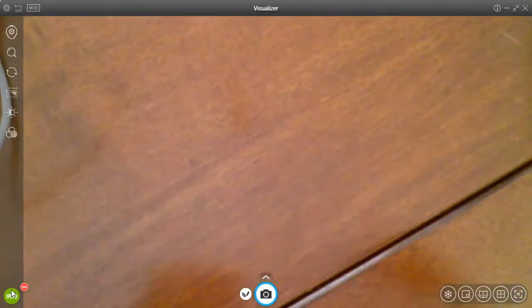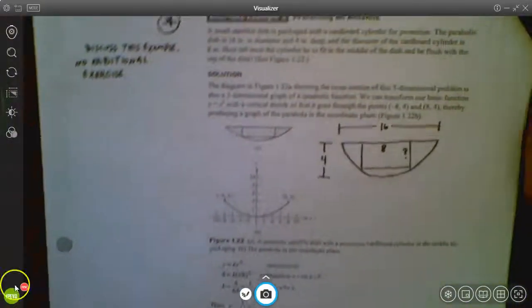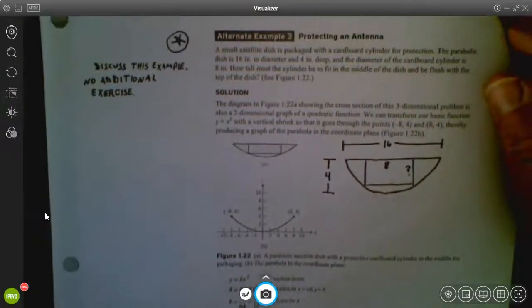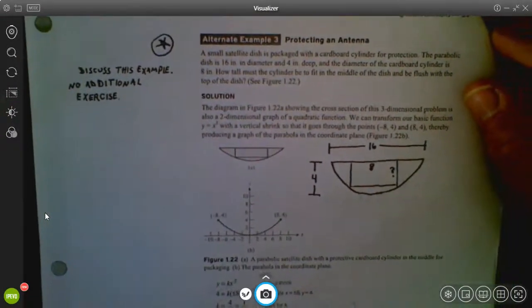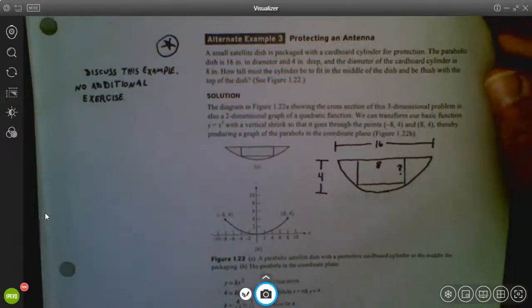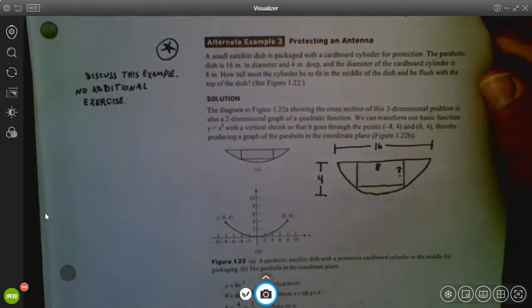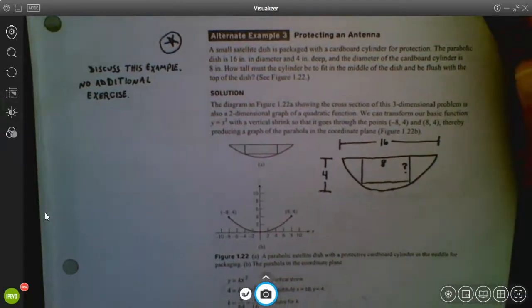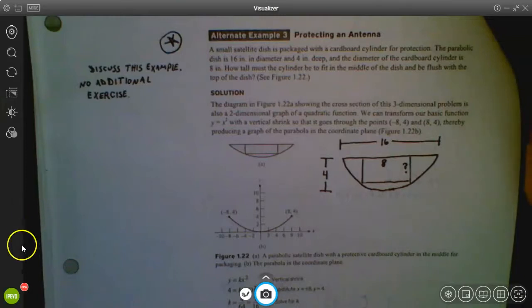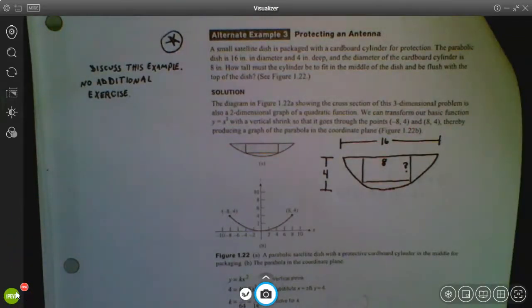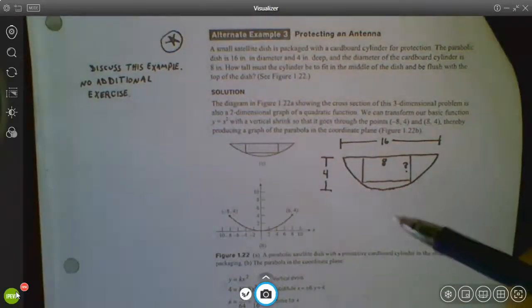A little more fun with geometric shapes here. This is one that came with a lot of information on the side, so I wanted to at least go through it with you. We don't have to work a separate one on our own. Here we go. We have essentially a parabola.